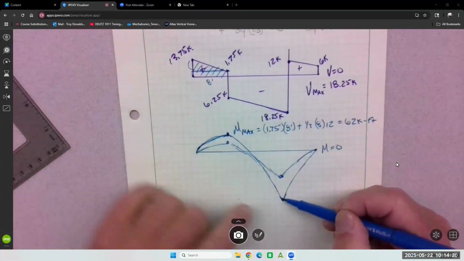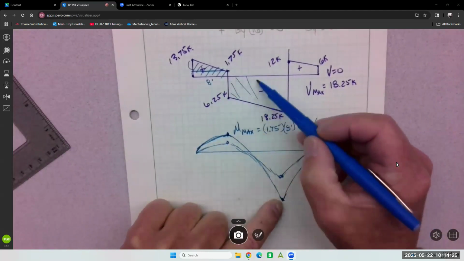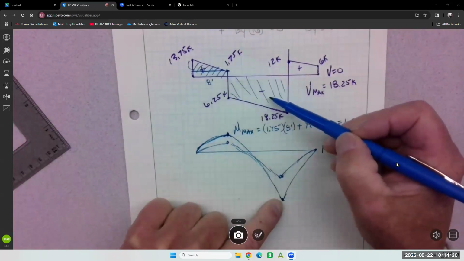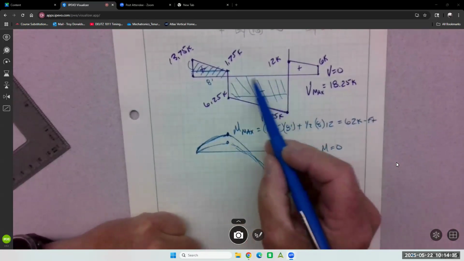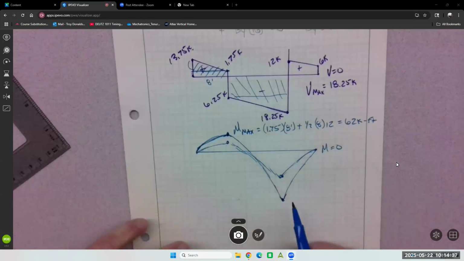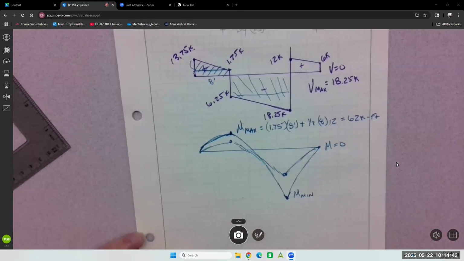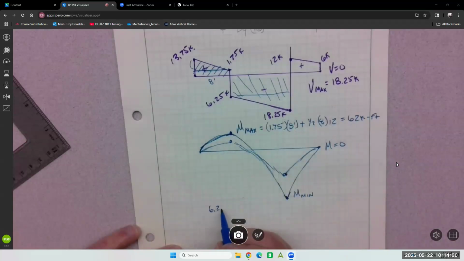To get the moment here, we need both areas. This area, and then take that area away because it's positive, this is negative. So we have this area that we have to figure out. Again, I do a rectangle and a triangle. So I'll call this moment min, and then I'll calculate this area here, which is 625 times its length of 8 feet.